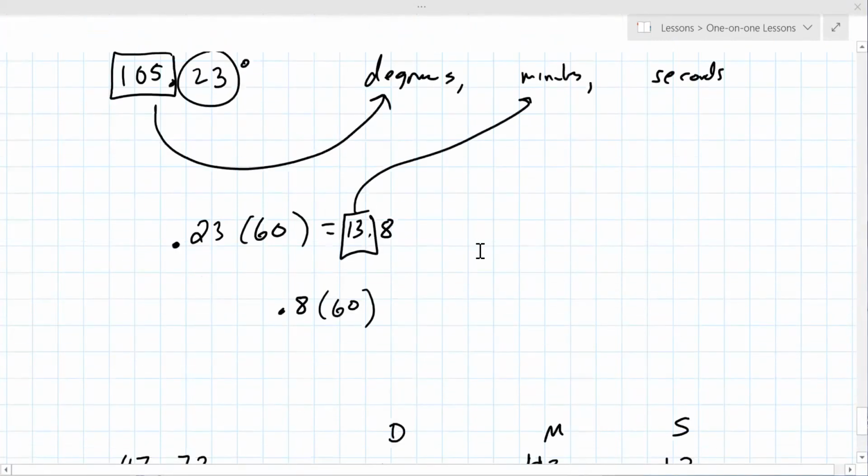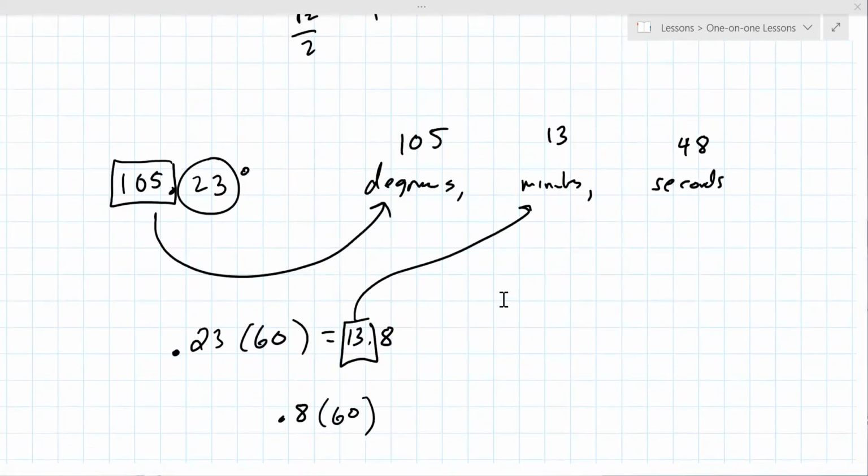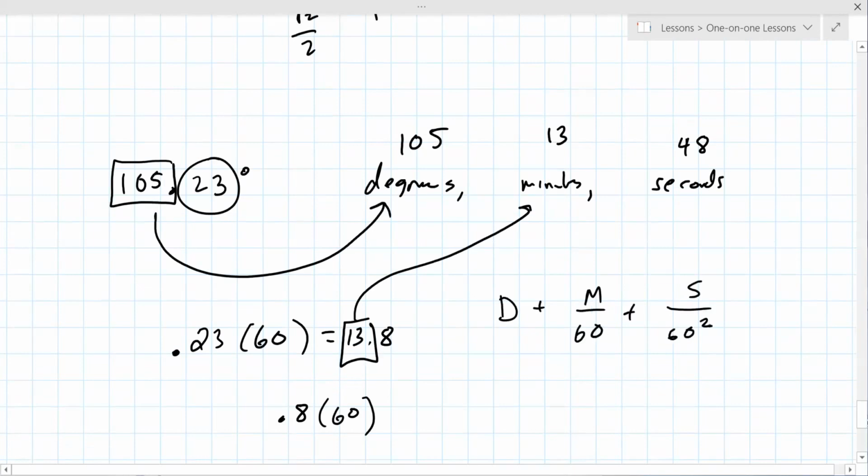So let's do one more so you can see that. Your formula is degrees plus minutes divided by 60 plus seconds divided by 60 squared. Yeah, it worked.